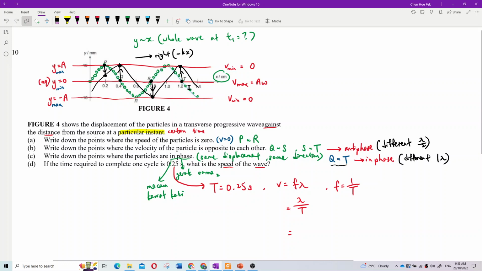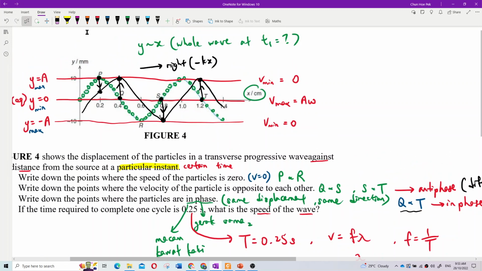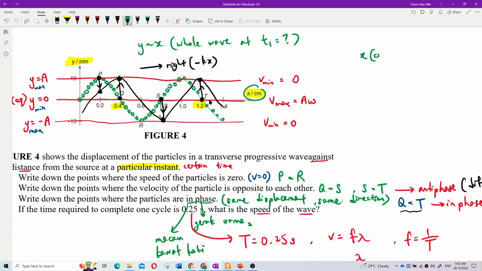So berapa? Be careful with the unit. See the unit? Between Q and T is 1 lambda, betul tak kelas? So dia bagi tahu X dia dalam sentimeter.